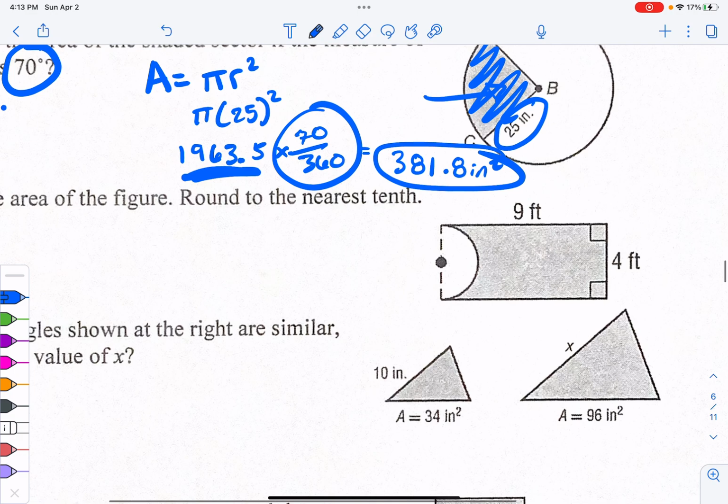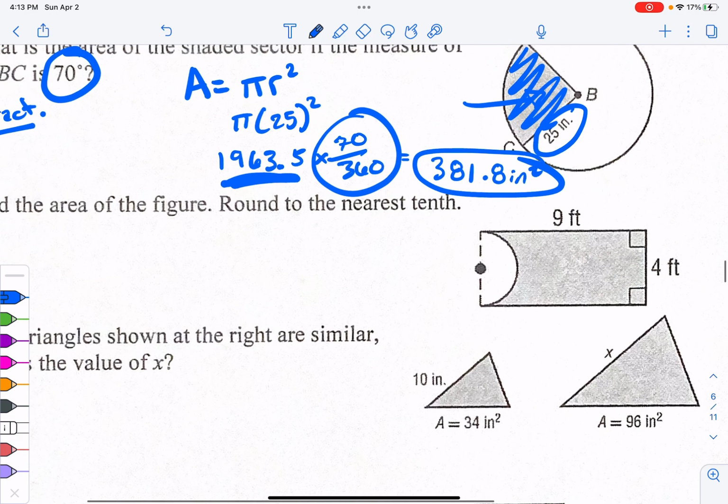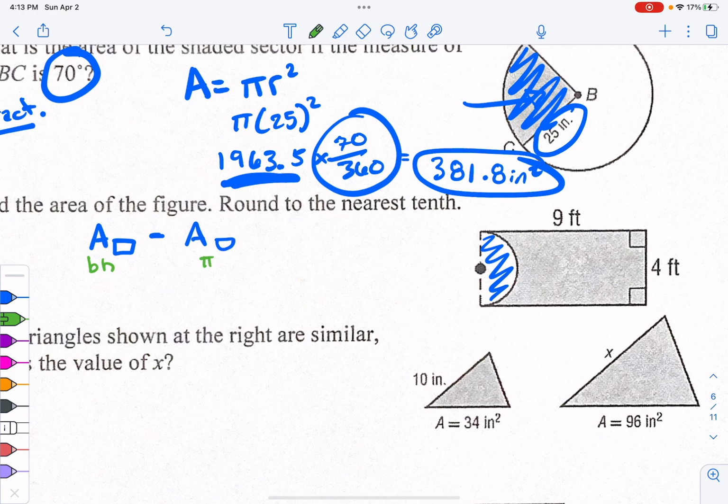All right, this is one of those composite figures, and we have 2 things going on here. We have the area of a rectangle, and then I'm going to subtract the area of this semicircle, okay? A rectangle is base times height, and the area of a circle is pi r squared, but half of a circle is going to be minus 1/2 pi r squared.